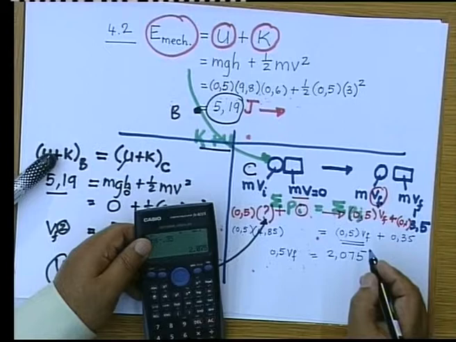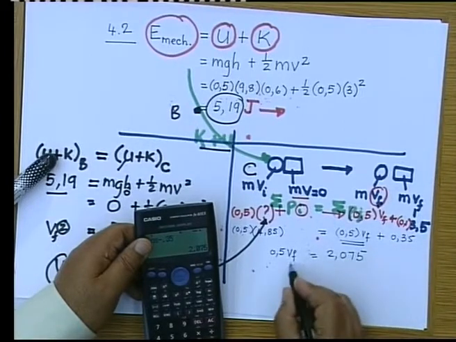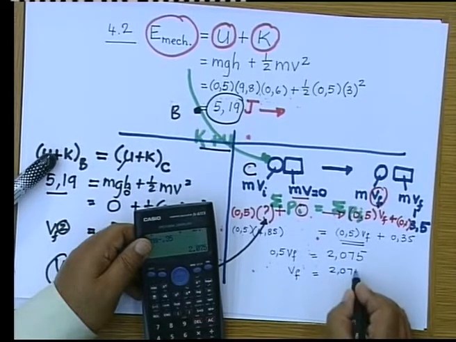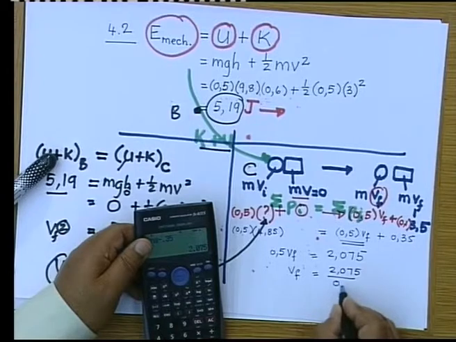Okay, and now to get the final answer, because I want the final velocity, I simply take that one across, 2,075 over 0,5.